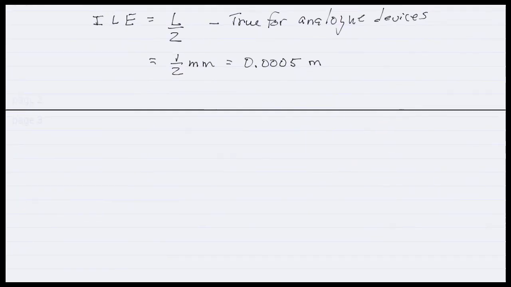All right, so that is analog devices. Let's look at digital devices. Digital devices we treat a little bit different. So I have a picture somewhere here. Let me just import this next picture. Where is it? There we go.